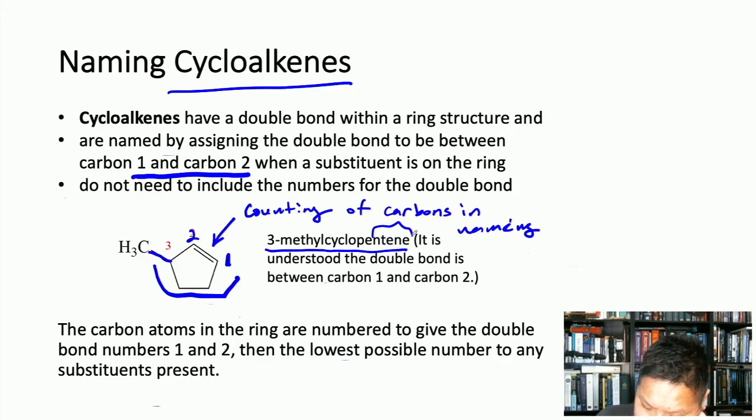And since the third carbon is where the methyl group is, we don't have to actually put the 1 and 2 for the double bond because it's already implied in the name.